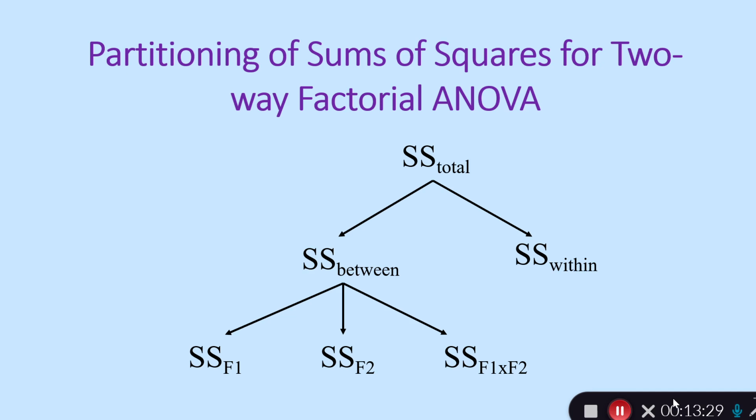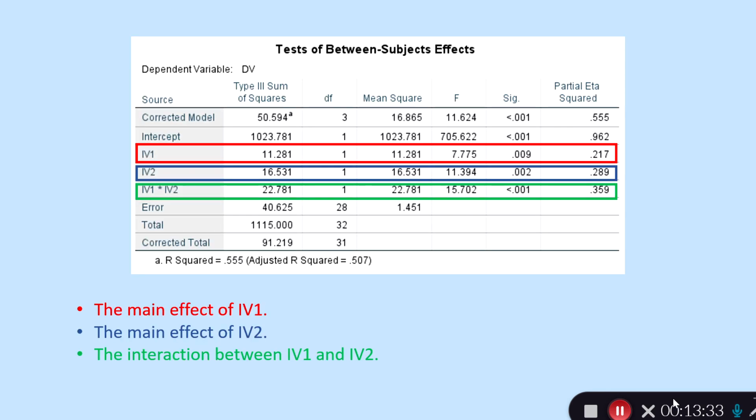All right. So when we run an ANOVA, what we get here is the SPSS ANOVA table output for a two-way factorial ANOVA, and what we get is 3 F ratios as shown here.